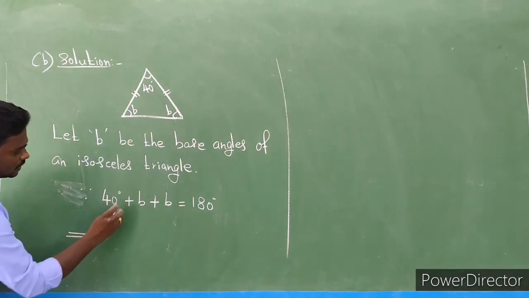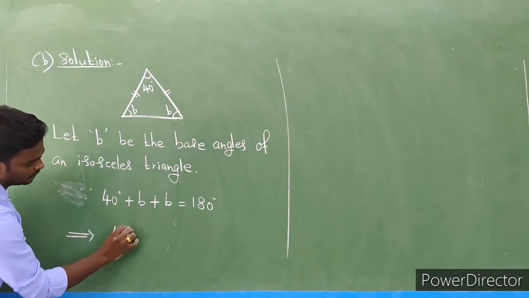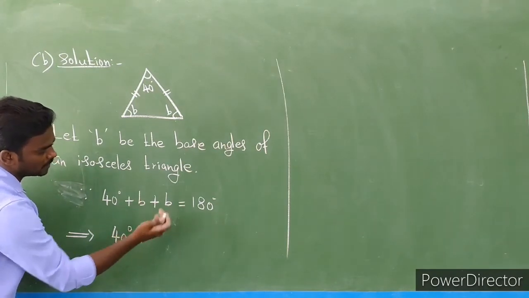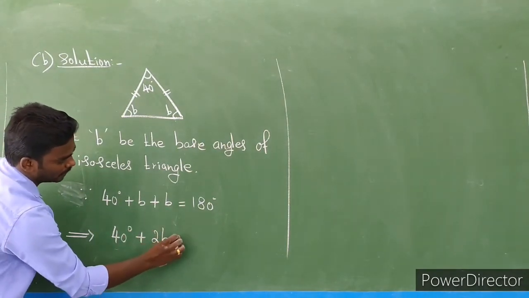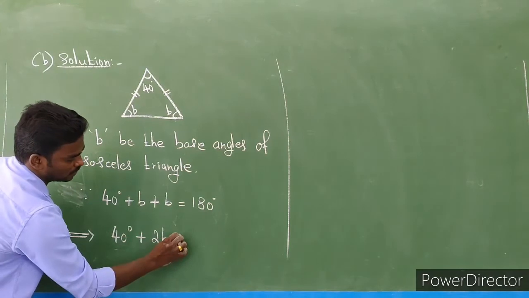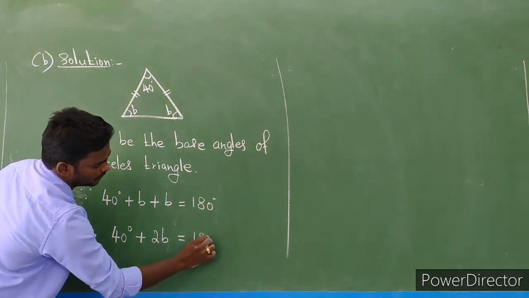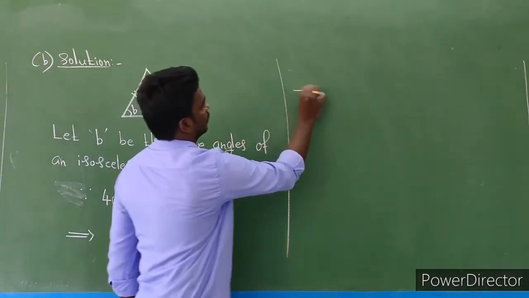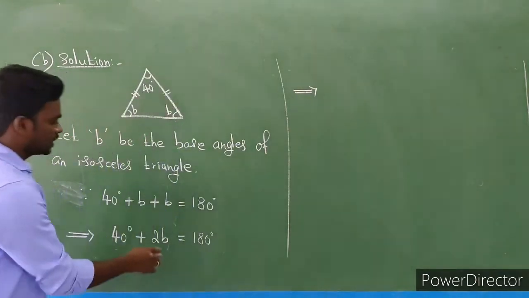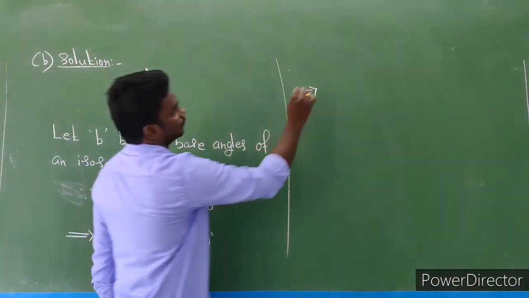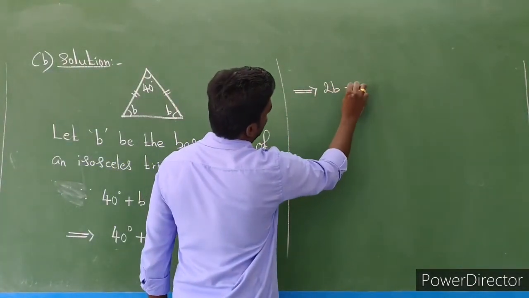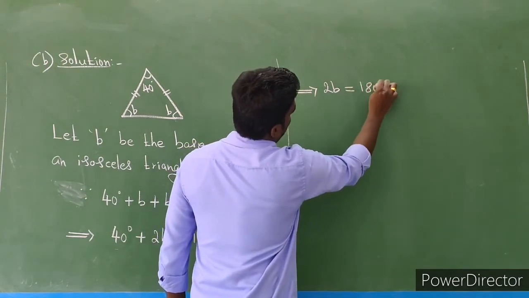Implies that 40 degrees plus B plus B, that is 2B, equal to 180 degrees. We keep 2B on the left side, which is equal to 180 degrees on the right side.